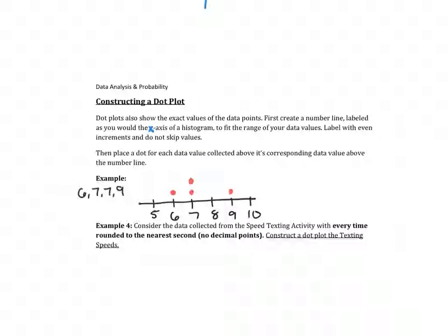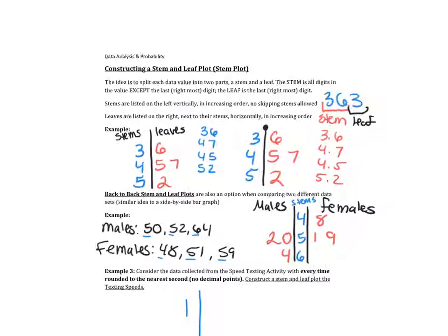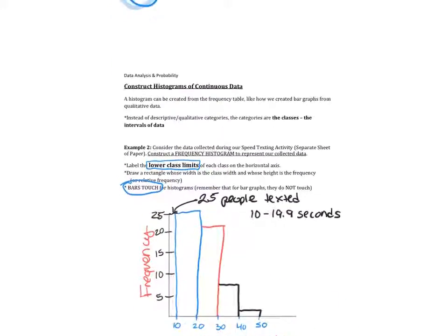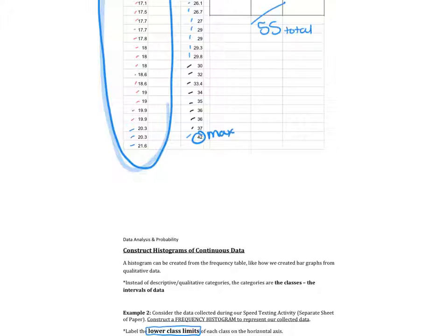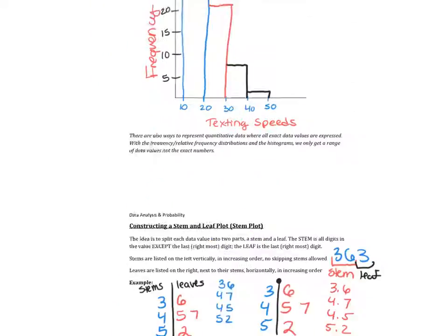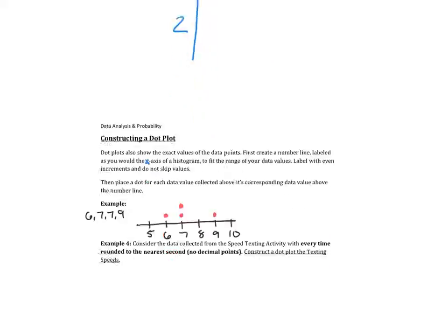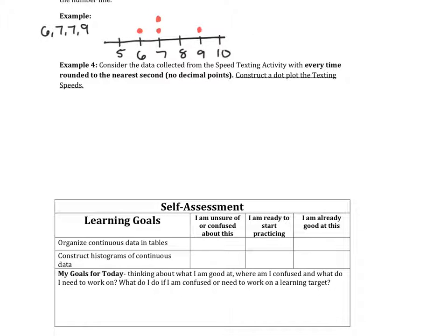Okay, so for our data, we have to go from, what's our maximum again? From like 13 to 43. So we do our number line here. You can start with 13. And we could go up by 5s.